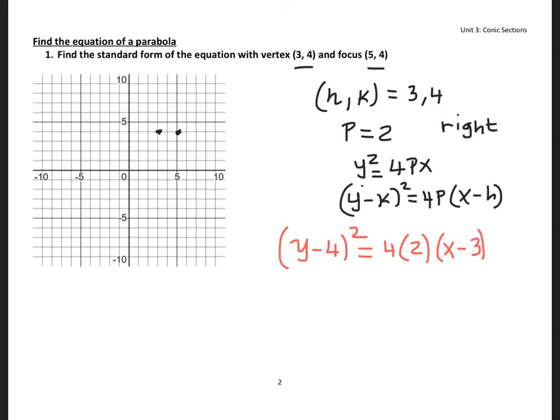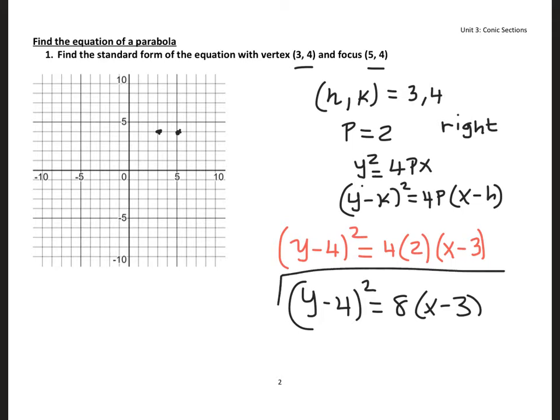I just need to simplify that. So I get (y minus 4) squared equals 8(x minus 3). So that's the equation right there.